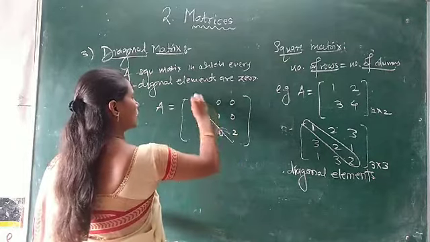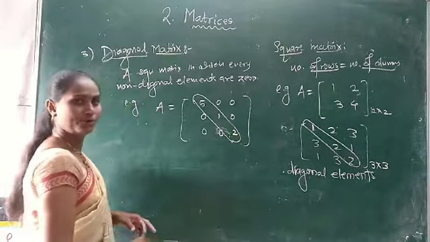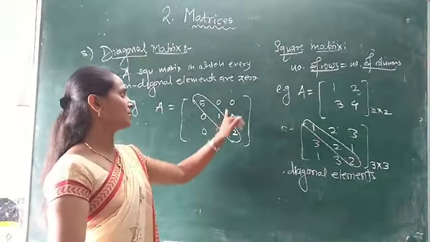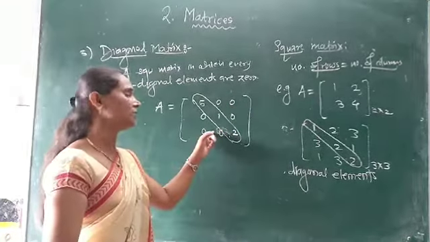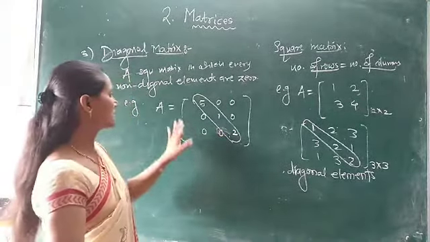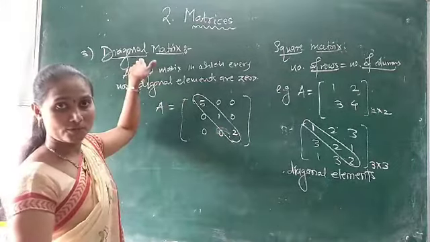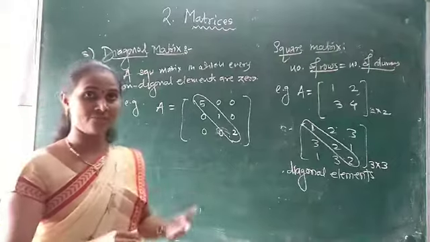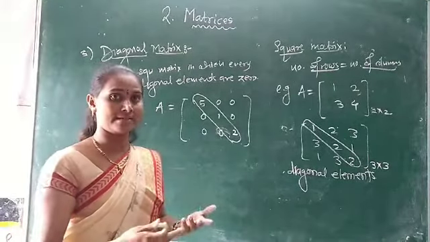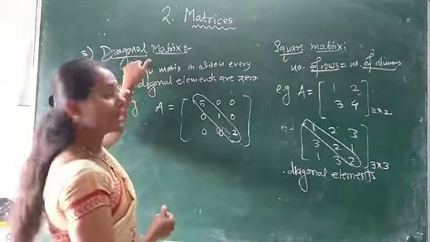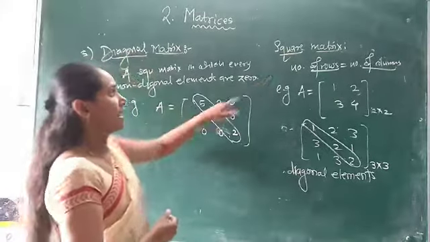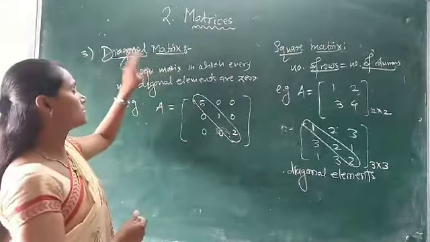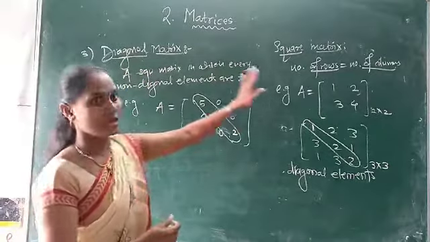The diagonal elements are 5, 1, 2, and the elements above the diagonal are 0 and below the diagonal are 0. So the matrix is called a diagonal matrix. Don't forget, a square matrix in which all non-diagonal elements are 0 is called a diagonal matrix, and every diagonal matrix is a square matrix.